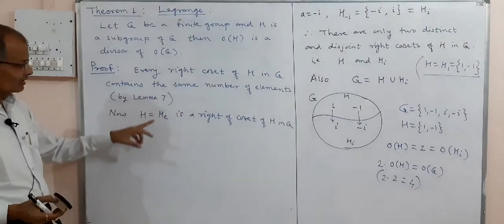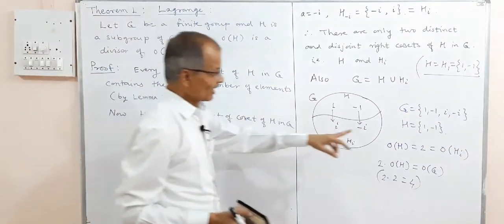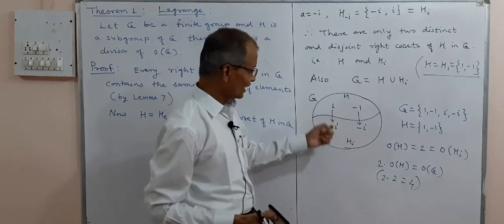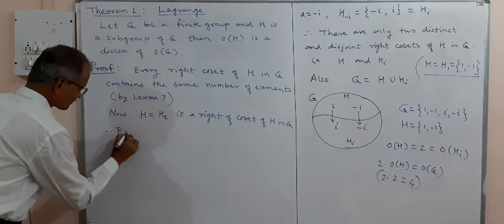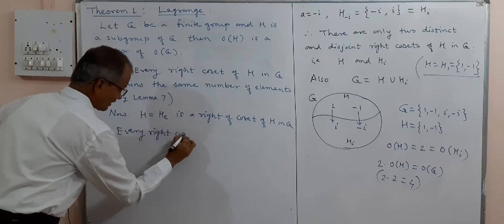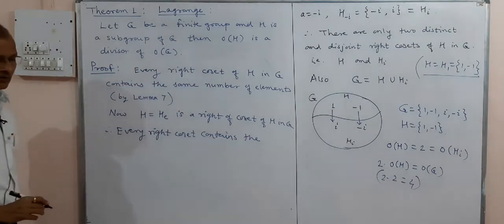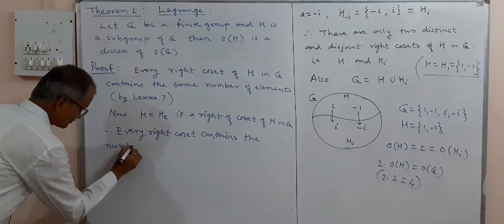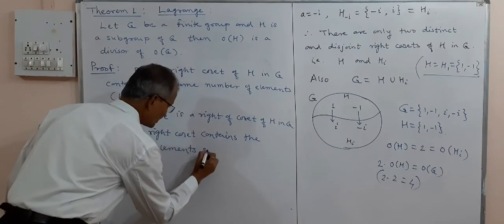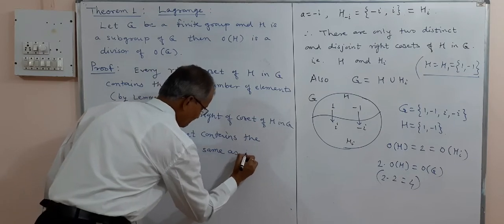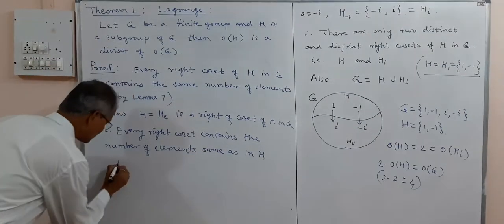What this shows is that every right coset contains the same number of elements as in H. Here the number of elements in H is 2, and therefore the right cosets HI and H1 also contain 2 elements. So every right coset contains the number of elements equal to the order of H.